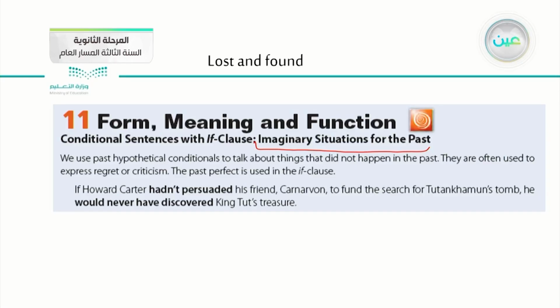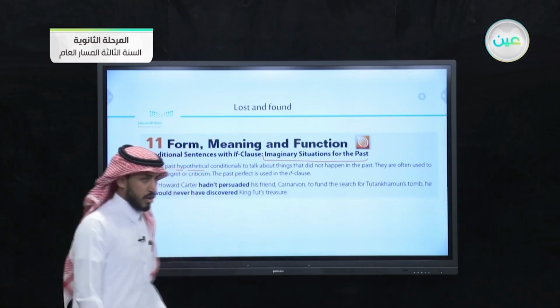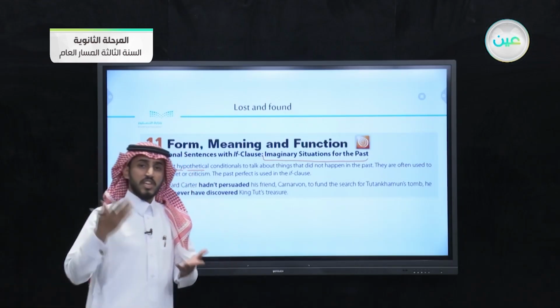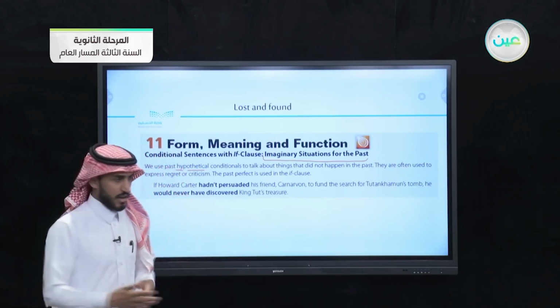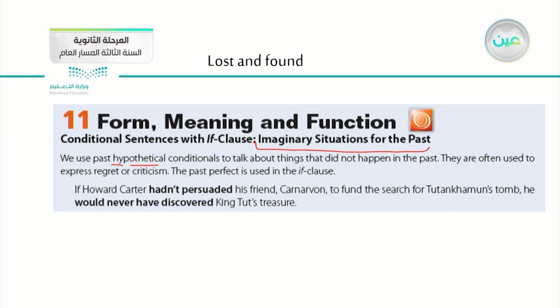We use past hypothetical conditionals to talk about things. Hypothetical means something not practical, something that didn't happen. It's just a theoretical thing. We are just assuming that if we do this, or if we have done this, another thing will happen. So it's just a hypothetical or theoretical way of talking.